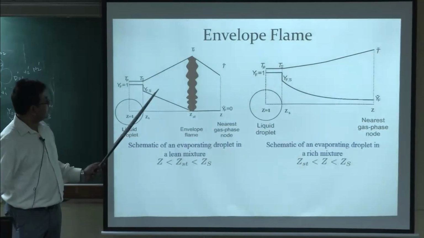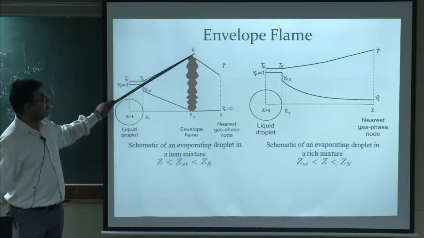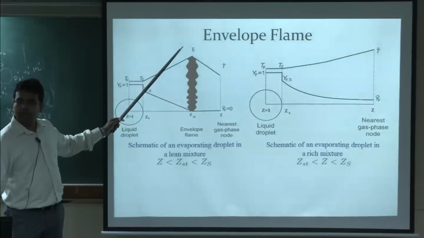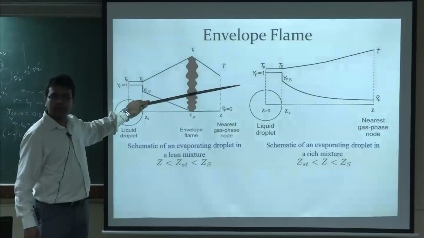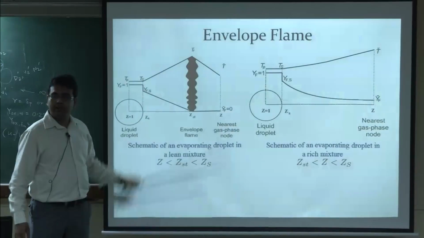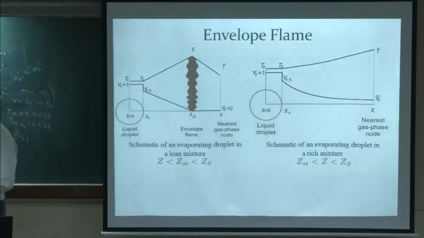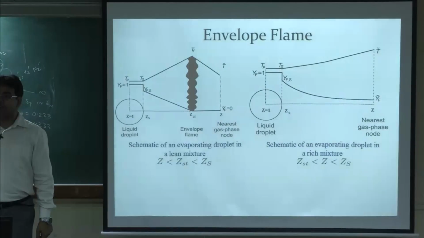So we have seen earlier, I have explained, that if there is a flame, then the gradient of temperature increases very rapidly. Okay. It is more than what we have if there is no flame. Now the question is that when we calculated the Spalding number, in the traditional model they considered infinity.